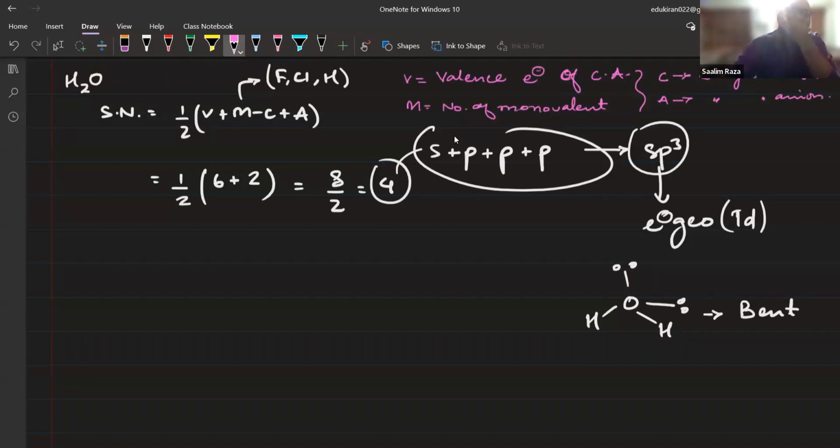Yes, sir. But generally you will not have these cases. In cationic charge there are two examples that we have done, NH4 positive and NO3 negative. In both these examples we have worked out the steric number. But you will not get them in the exam. If you do get one in the exam, just do it, there is no such issue.